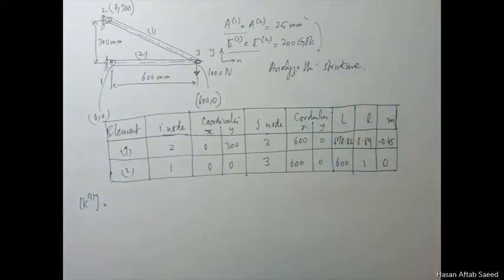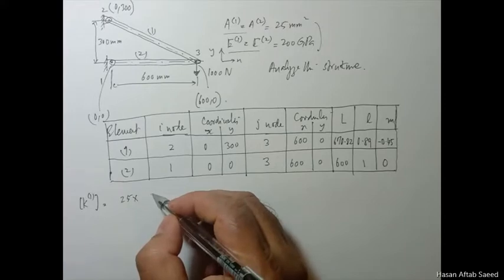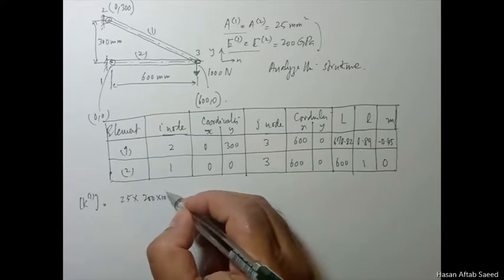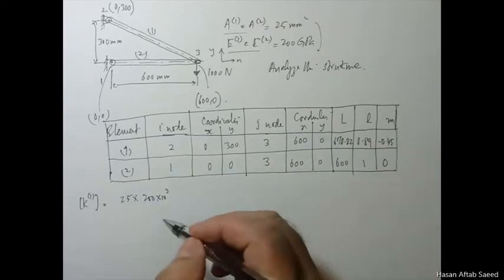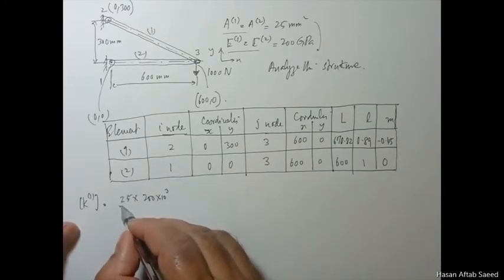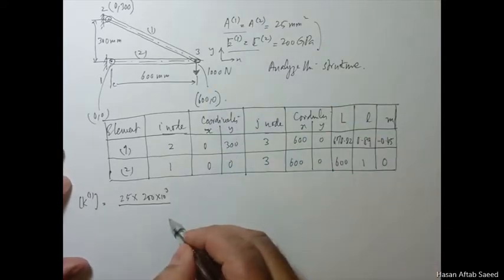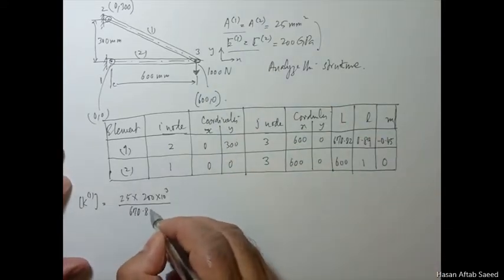So let's start doing it using this. We get AE is 200. We convert usually it into MPa, and then the length is also different, 670.82.